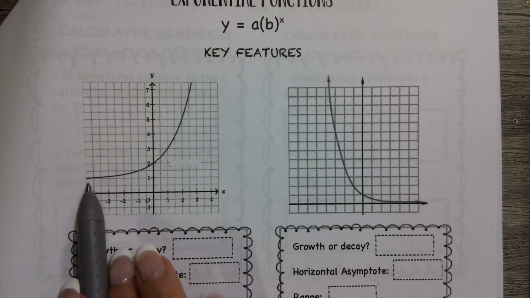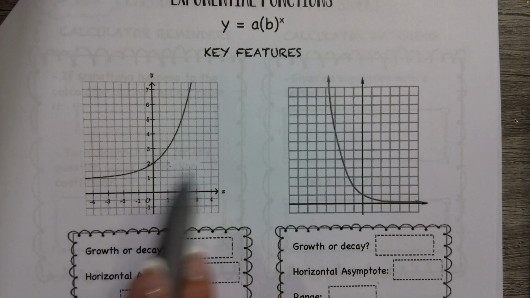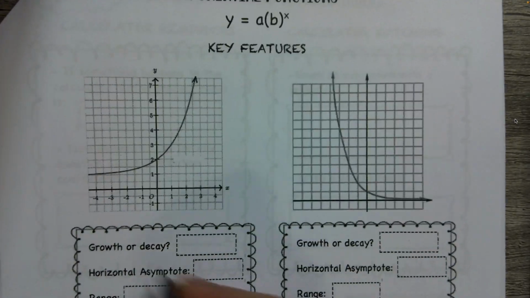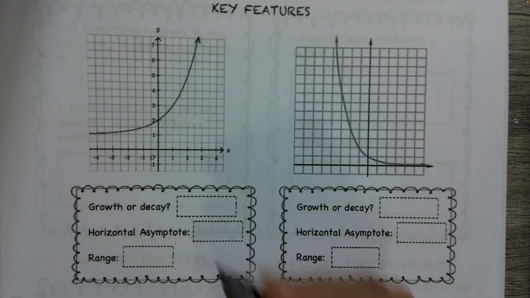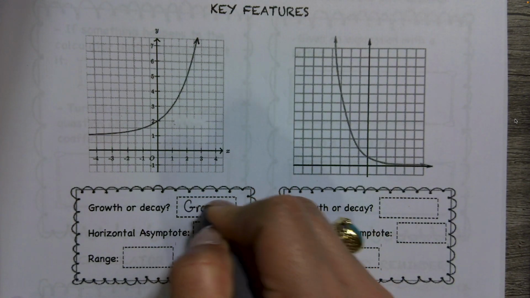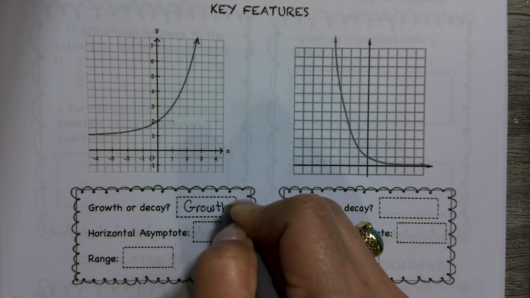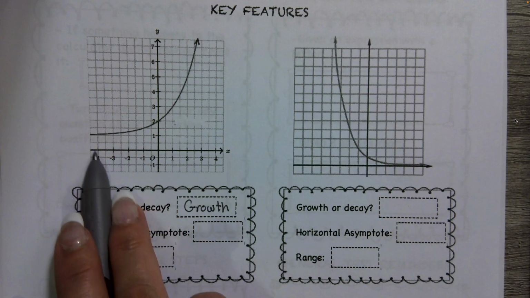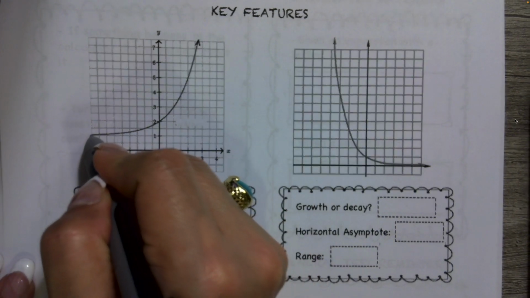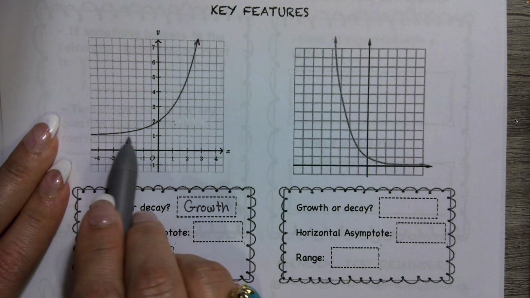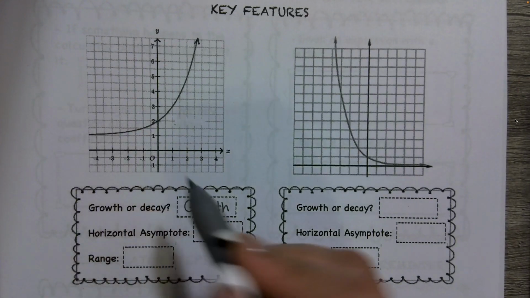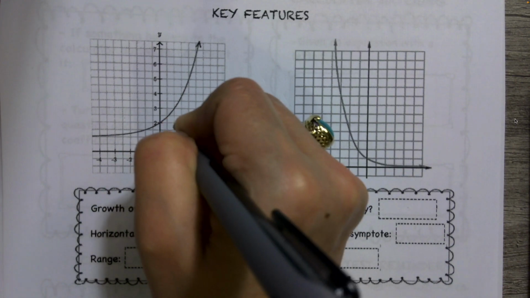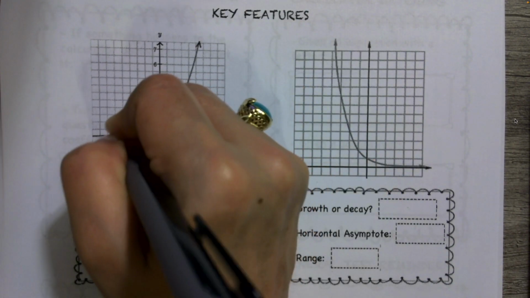So, we read the graph from left to right. This one goes up. So it is the growth. So growth or decay, it is the growth. Horizontal asymptote for here, because you see that it's getting close to 1. So it's y equals 1, because that's the line that it will never reach, but it will approach.